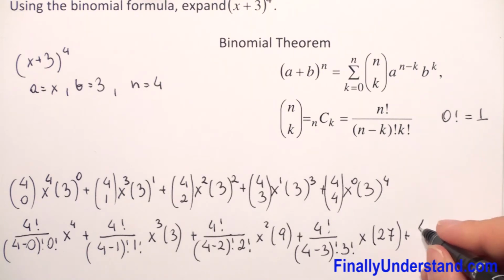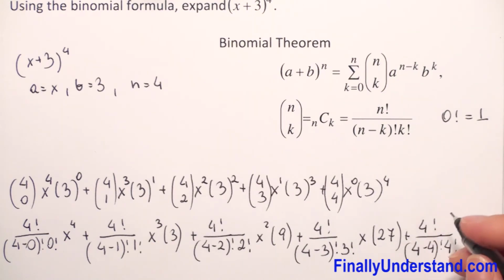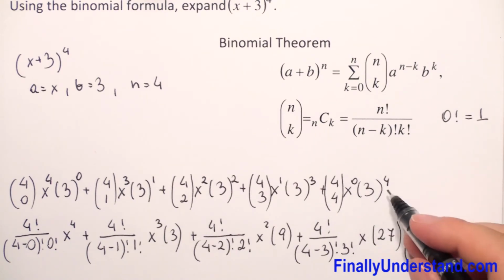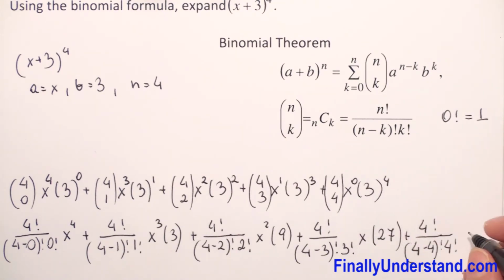And we have plus 4 factorial over (4 minus 4) factorial times 4 factorial, and x to the 0 power, so this is 1, we don't have to write it, and 3 to the 4th power, so this is 9 times 9, this is 81.